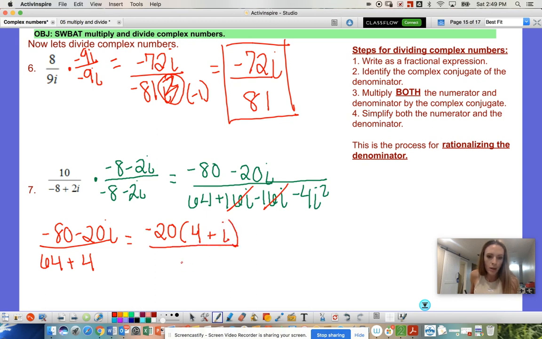And then on the bottom, we get 68. So then we can start canceling some things out, right? We can divide each of them by 4, and we'll get, sorry, my brain's not working all the way, plus i, and then 17 on the bottom.